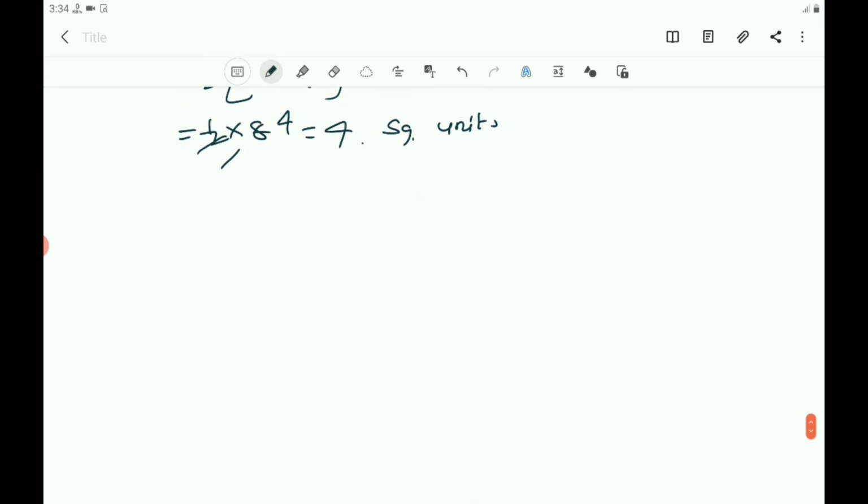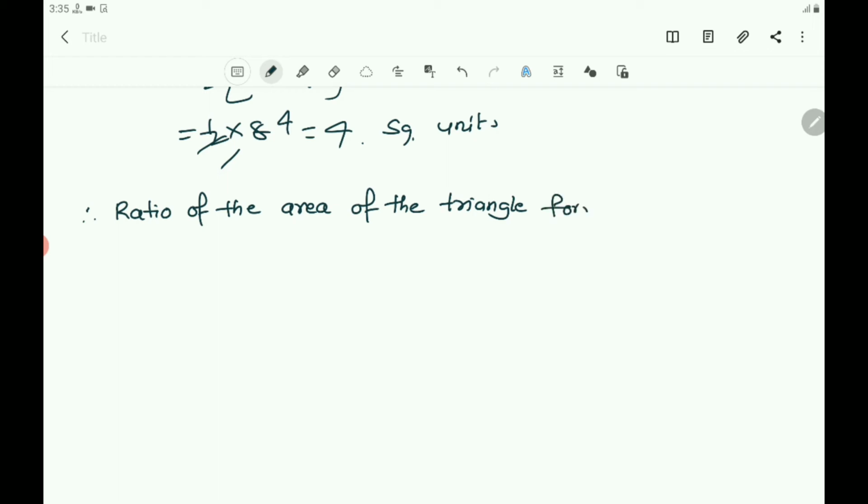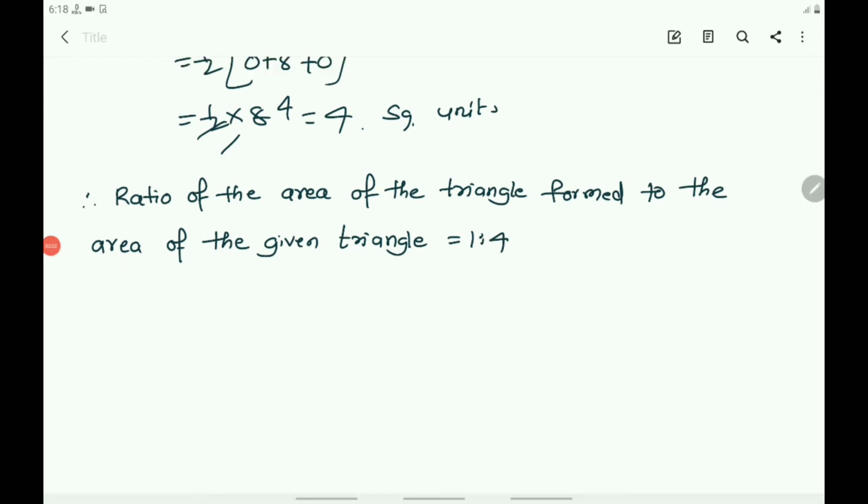Therefore you can write that, therefore ratio of the area of the triangle formed to the area of the given triangle is 1:4.